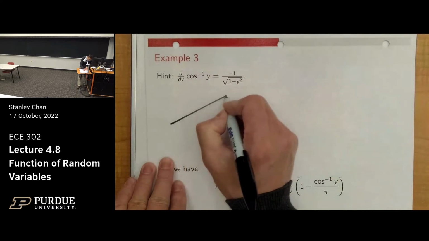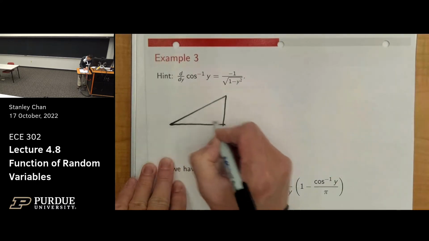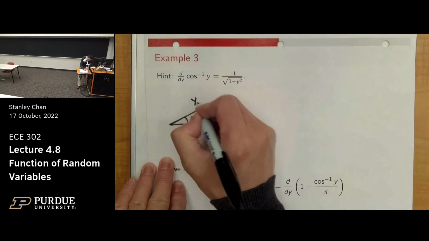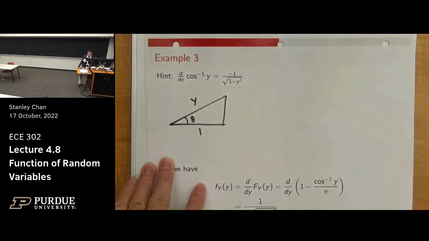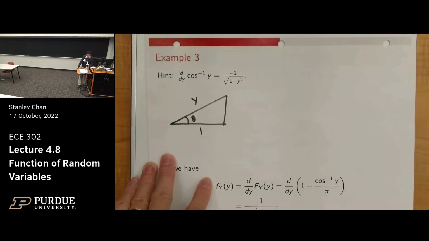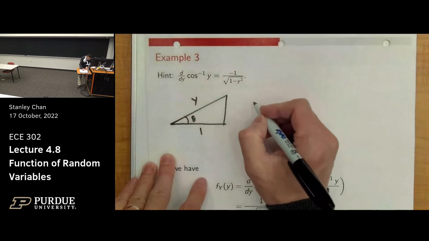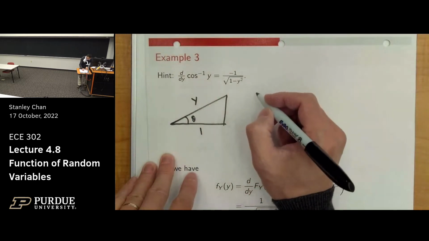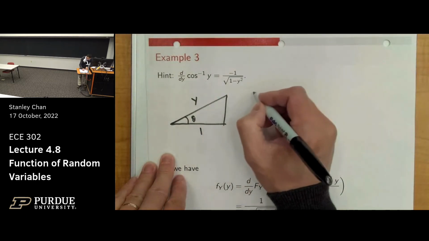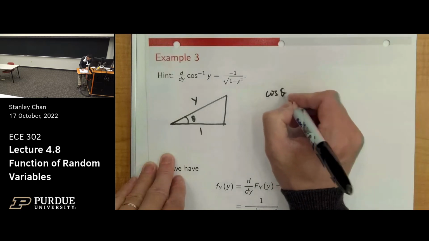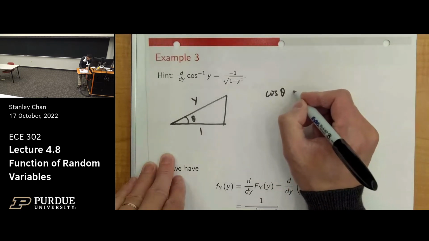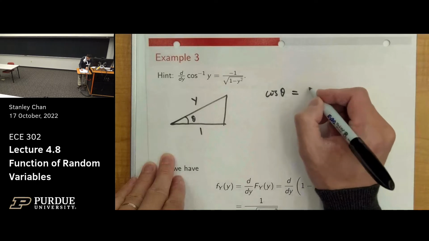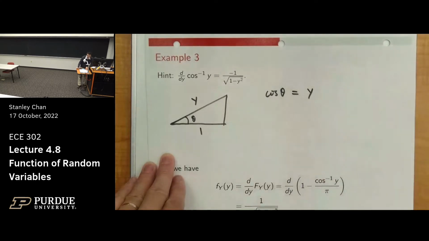Okay, so let's draw a triangle. There's a theta, there's a y, there's a 1. Okay, so that is your triangle. We ask, what is this cosine of theta? Cosine of theta is y. Okay, cosine of theta is y.